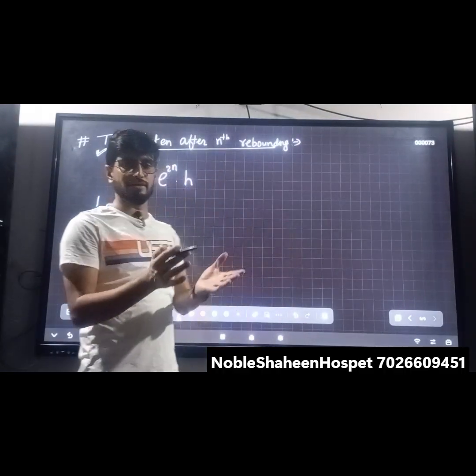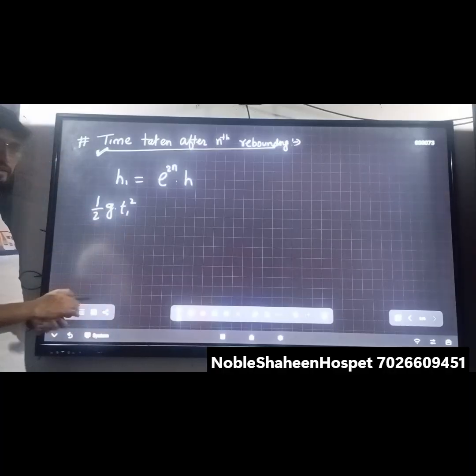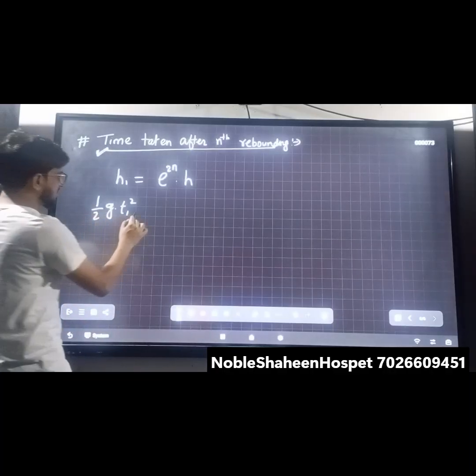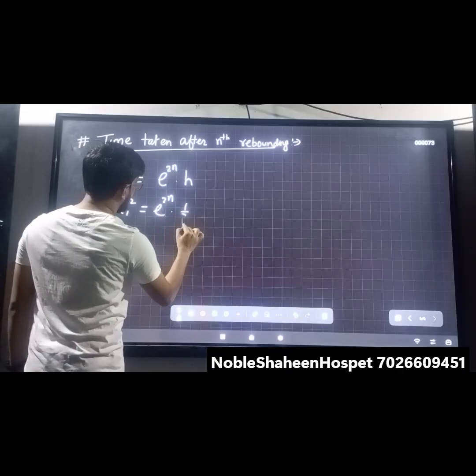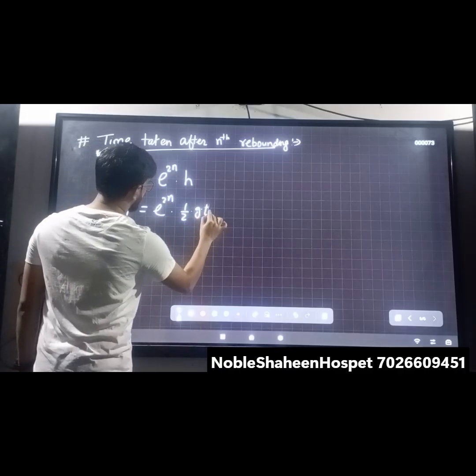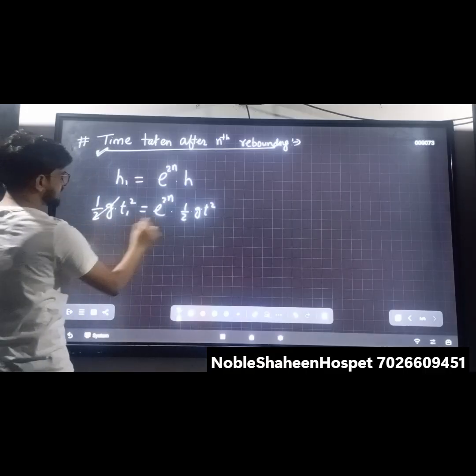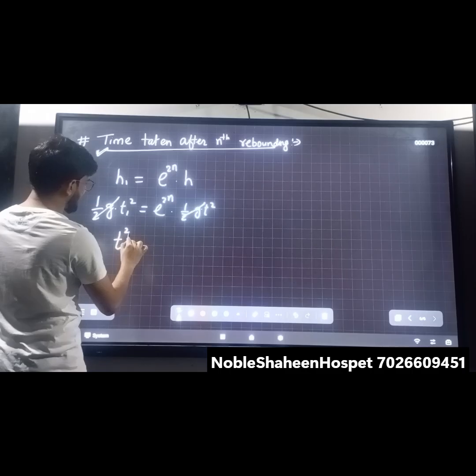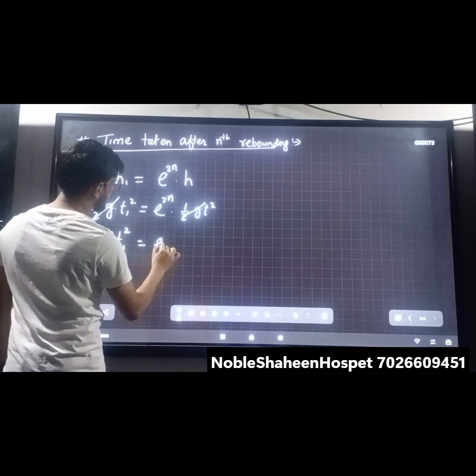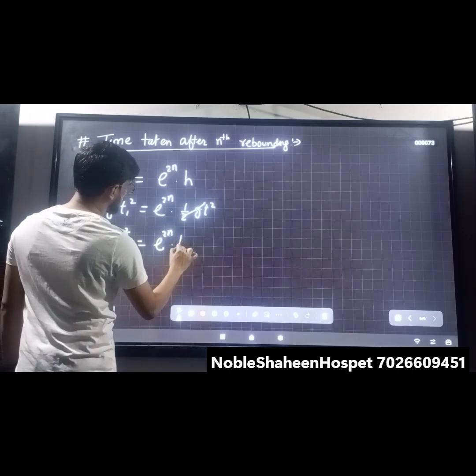That means ut will be 0, only half gt square can be written here. So half g t1 square will be equal to e to the power 2n into half g t square. Half g will cancel, so we can say this t1 square can be written as e to the power 2n into t square.